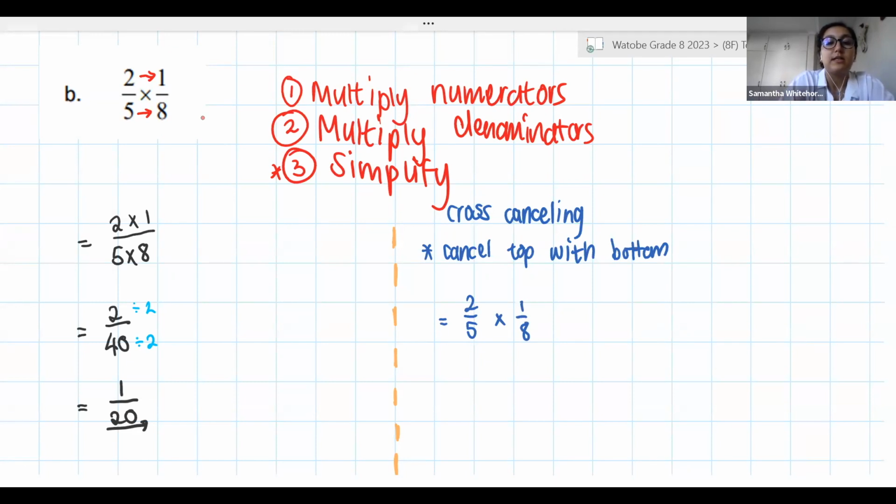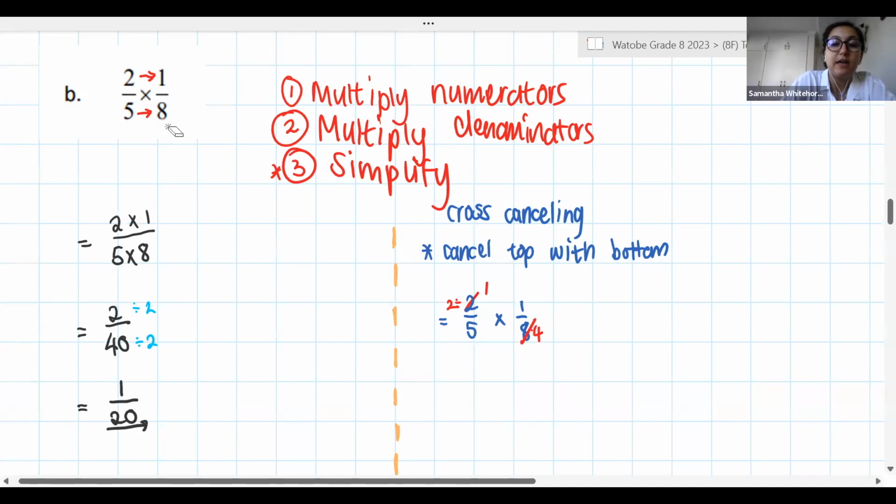I can divide 2 into 2, so 2 divided by 2 is 1, and I can divide 2 into 8, and that gives me 4. What I'm doing here is dividing both numbers, at the top and the bottom, by the same value. This is what I mean when I say cancel top with bottom.